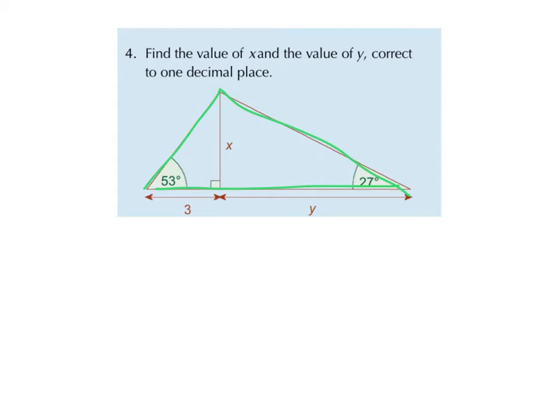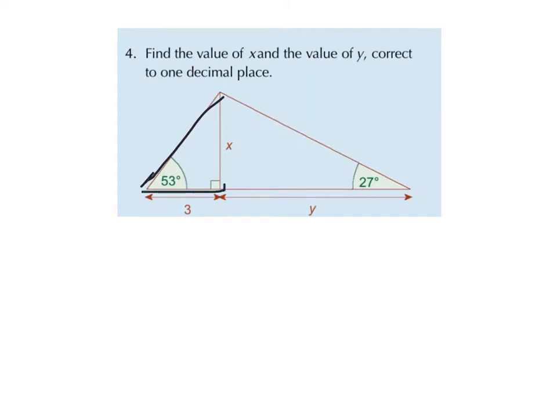Now, if we are at Junior Cert and we are asked to find the length of a side or an angle in a triangle, we can only do it if it is a right angle triangle, which basically means in this triangle here, I need to separate this into right angle triangles because none of my sine, cos and tan works with a scalene triangle. It only works with right angle triangles.